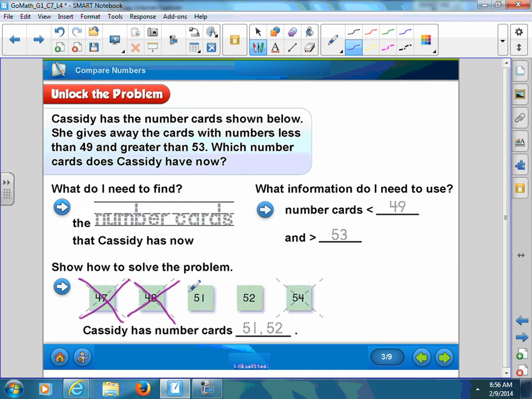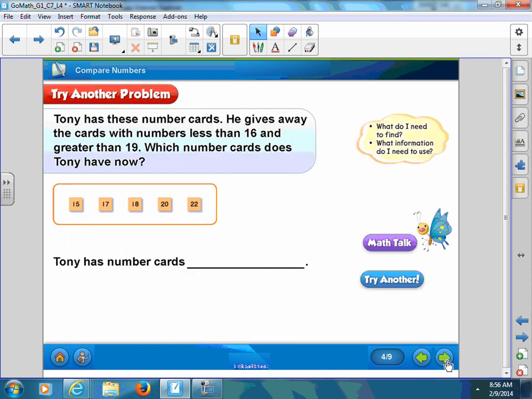She would keep that one because it is greater than 49 and less than 53. She's going to keep 52, but 54 is greater than 53. So she is going to keep the cards 51 and 52.